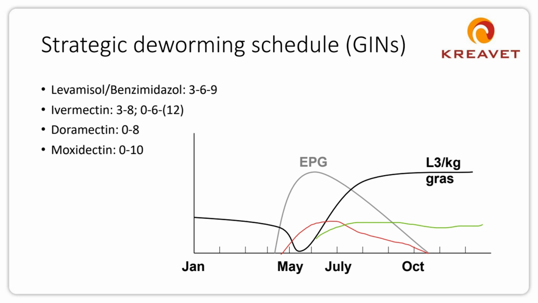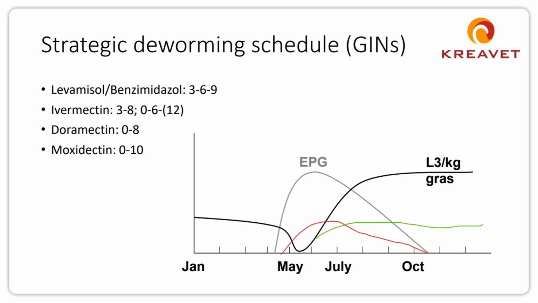Then, of course, we had the macrocyclic lactones coming, which had a persistent efficacy. So they work longer, meaning that we can reduce the number of treatments, but also prolong the interval of treatment.